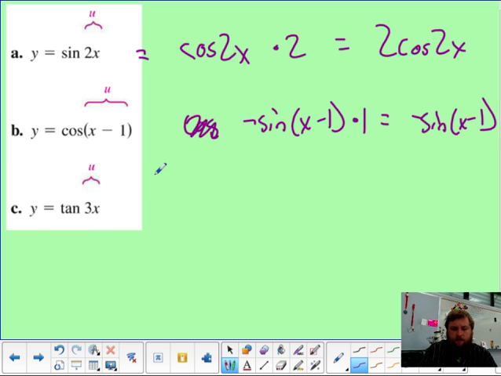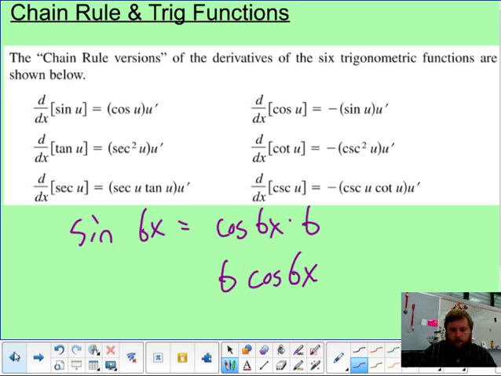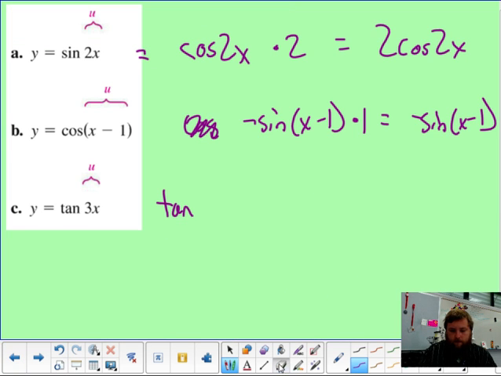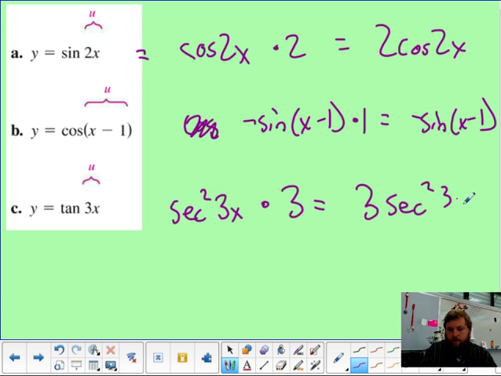This one right here, tangent of 3x: the derivative of tangent of u is secant squared of u. So this is going to be secant squared of 3x times the derivative of 3x, which is 3. So I can rewrite that as 3 secant squared of 3x.